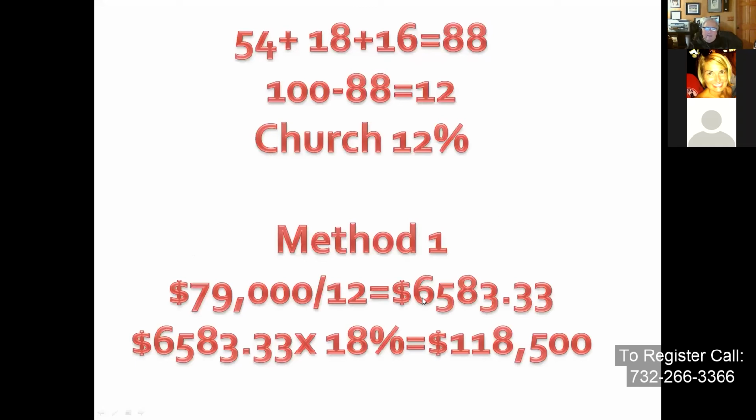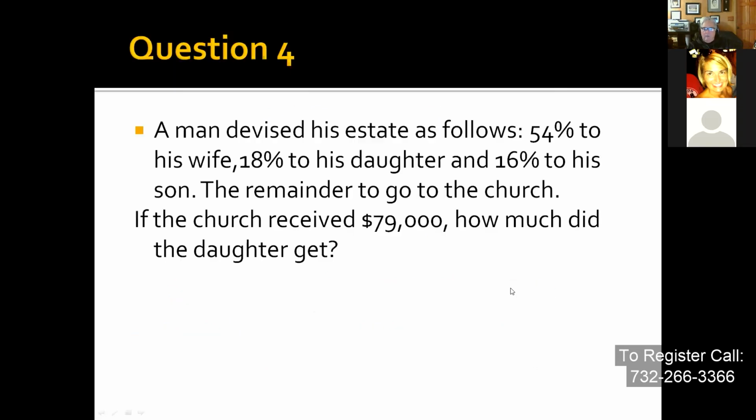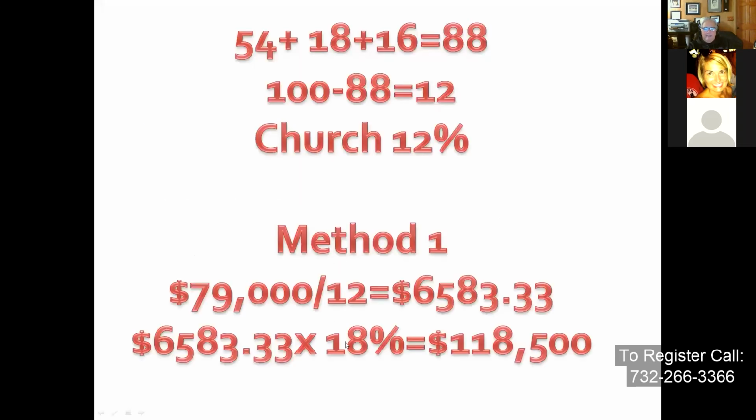That means each percentage point is going to be 6583.33. And they're asking how much did the daughter get? So the daughter had 18%. So we're just going to multiply 18 times 6583.33. And the daughter got 118,500.